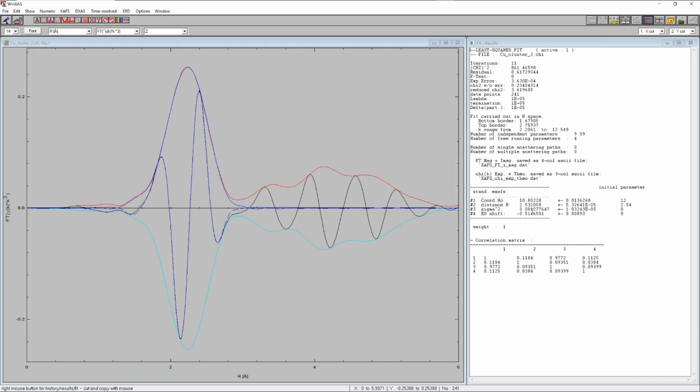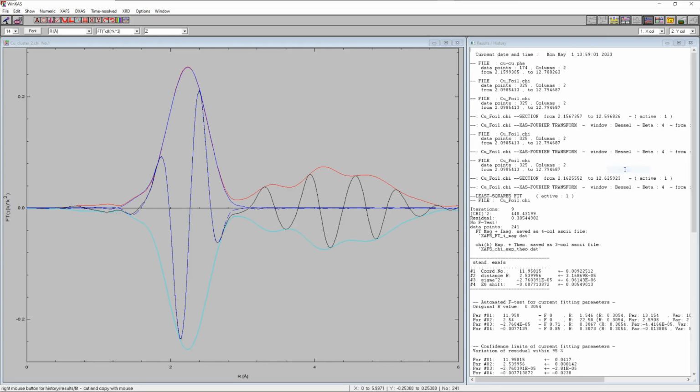So in contrast to using theoretical phases and amplitude, where you should not obtain a negative disorder parameter, negative Debye-Waller factor, when using experimental phases and amplitude, this can actually happen. It means that the disorder in your reference is higher than the disorder in your sample. This may be unexpected and may be unusual, but it may not be entirely wrong. So this is possible. Okay, so those are the parameters now that we obtain from this refinement.